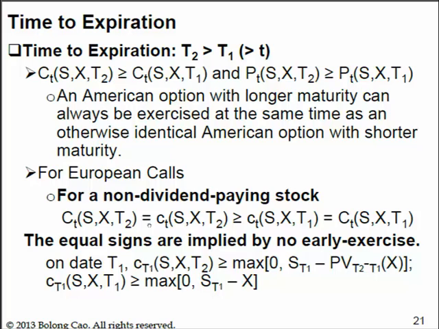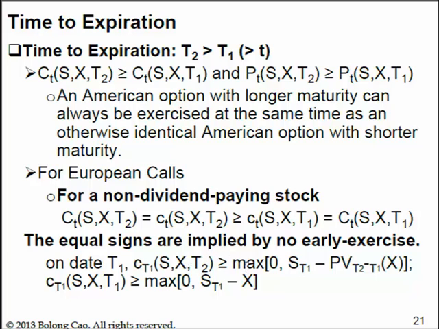Why is that? Let's consider date T1, the closer expiration date. So what we are saying here is that this option on date T1 has an expiration date on T2.